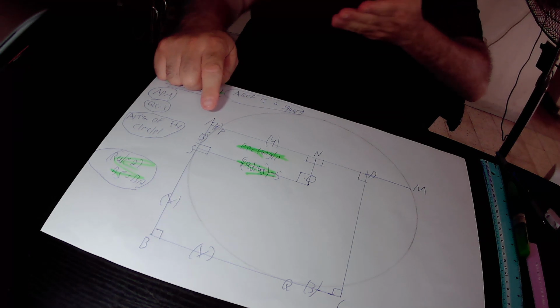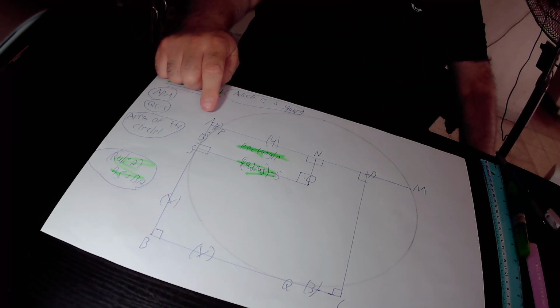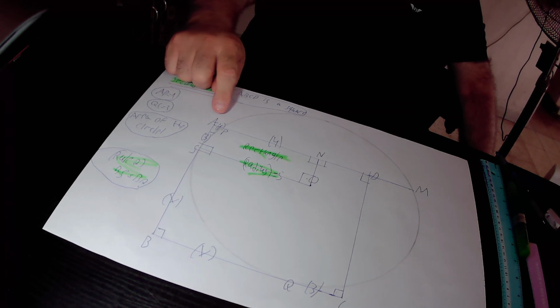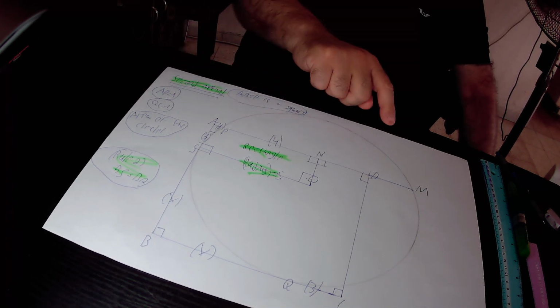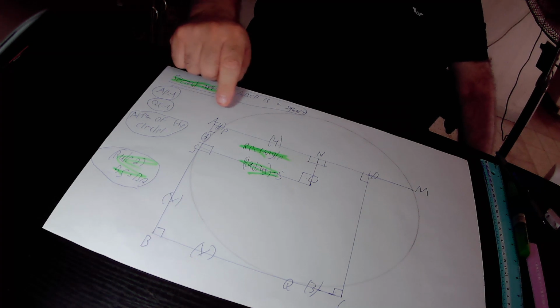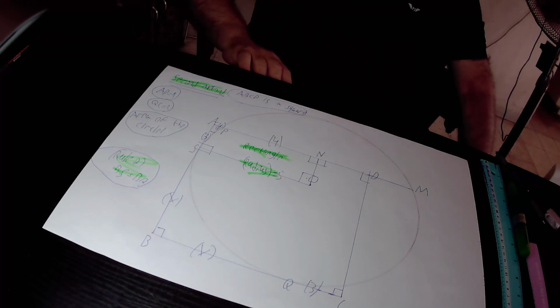So actually, all the requirements of rule 10 are satisfied, and therefore according to rule 10, we get that AS squared equals AP times AM. Again, according to rule 10, AS squared equals AP times AM.